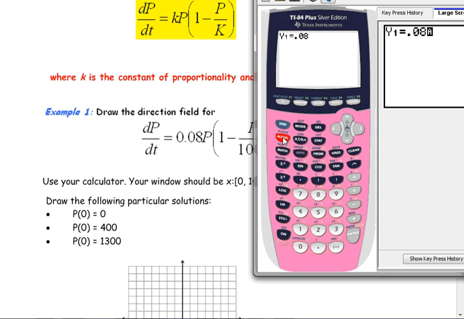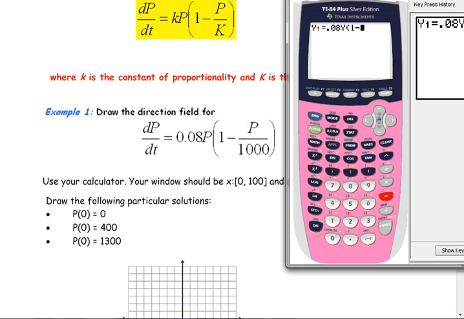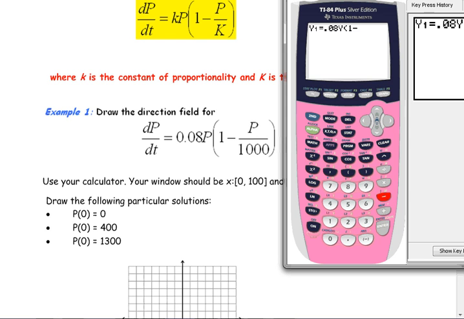We press alpha, and the y I think is here. No. Alpha and the y is above 1. Parentheses, 1 minus y over 1,000. You have to use the alpha key.